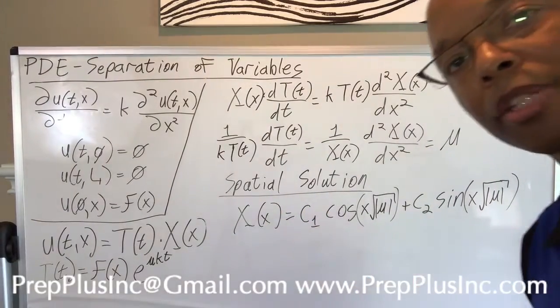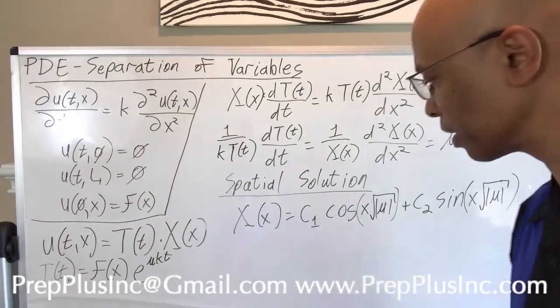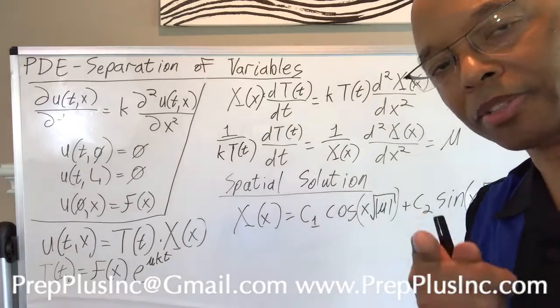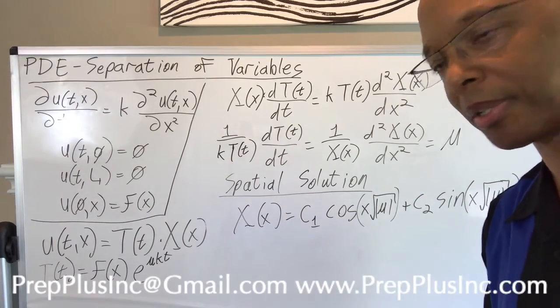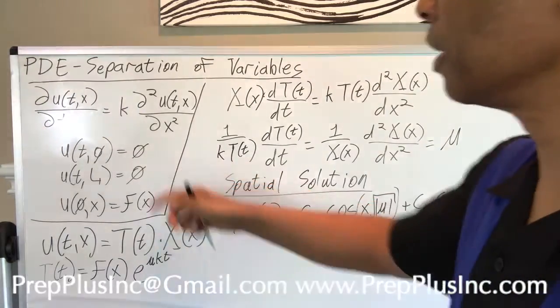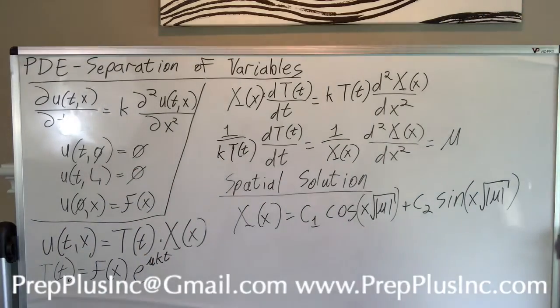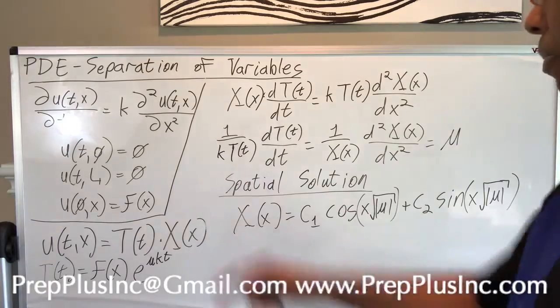Now what's left is to figure out what our constants C1 and C2 are. You guessed it, we're going to apply our boundary conditions. At x equals 0, the solution is 0.